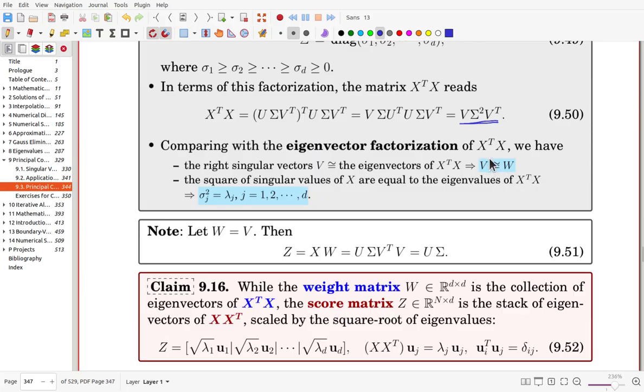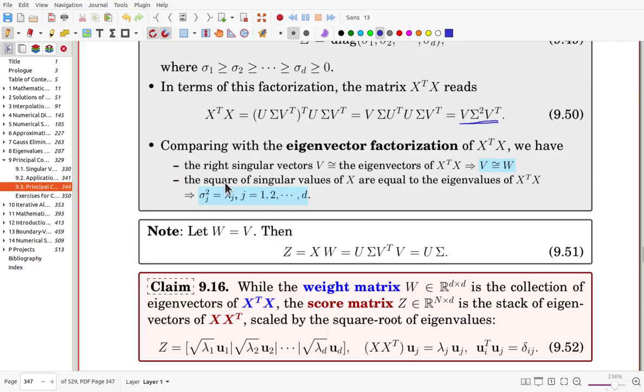The reason I'm using this notation is that the vectors can have a different sign. Once it is an eigenvector of length 1, then multiplying by -1 is again a length 1 eigenvector. So possibly some signs may be different. But except for that, everything else must be the same, so we may say that they are the same.